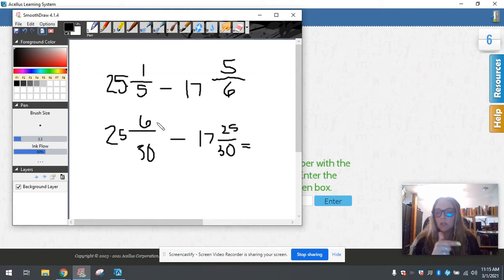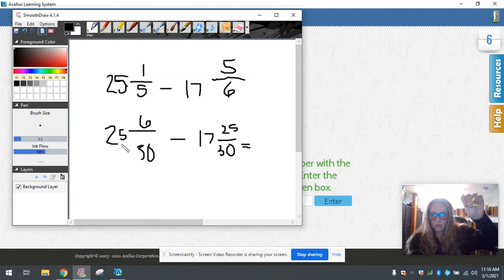If I did 6 minus 25, I'd get a negative number. We don't want that. So we'll borrow from our whole number. Remember, each one of these is a 1 whole here would equal 30 out of 30.